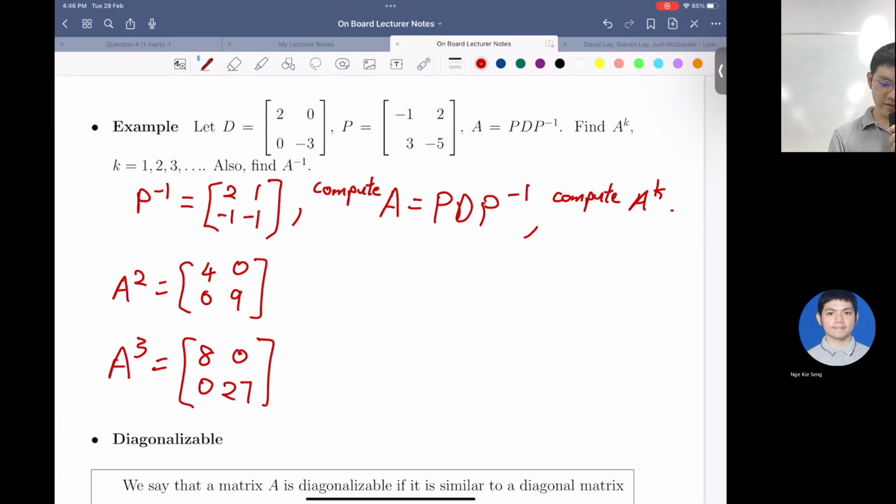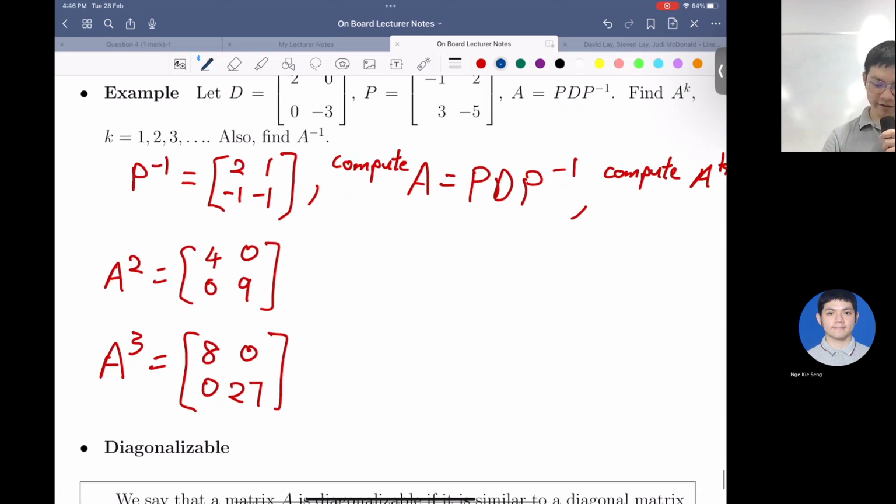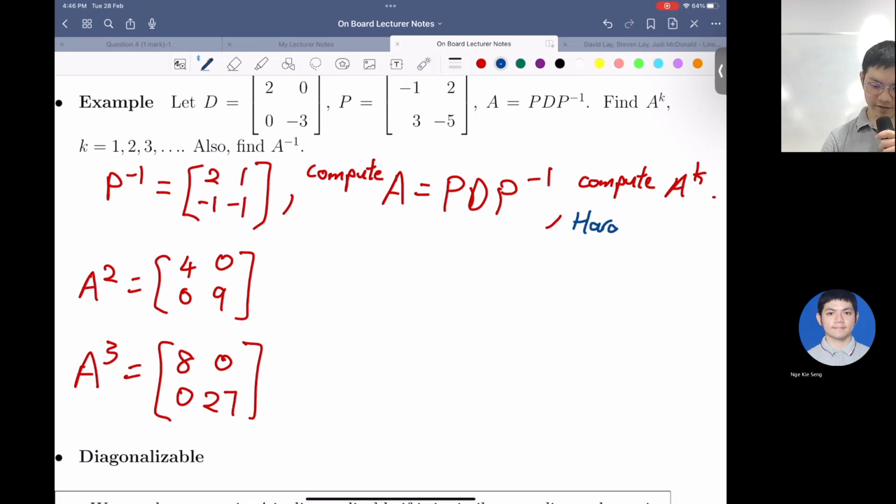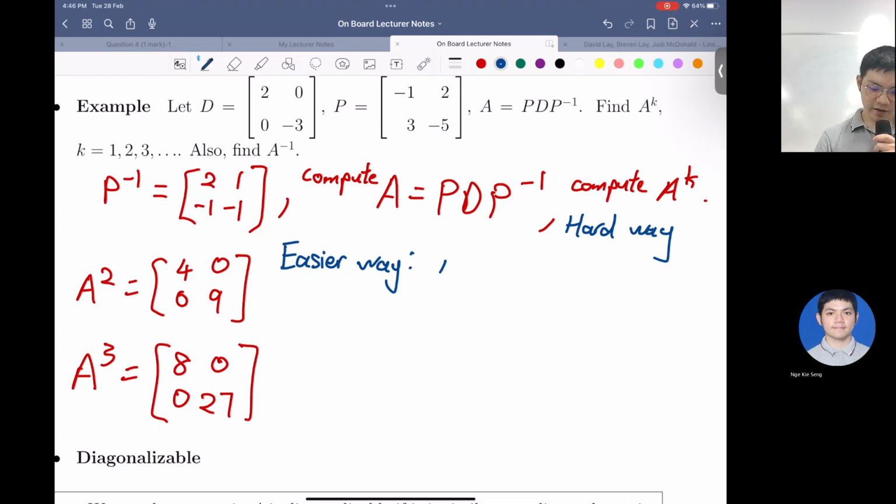But actually there's an easier way here. What do you mean by direct? Okay, so this is the hard way. So there's an easier way, and the easier way is theory. So why does this theory work? If you take A squared, I don't need to care what P and D are first.